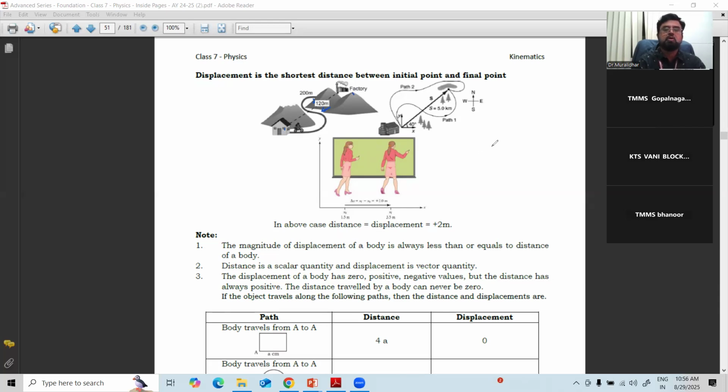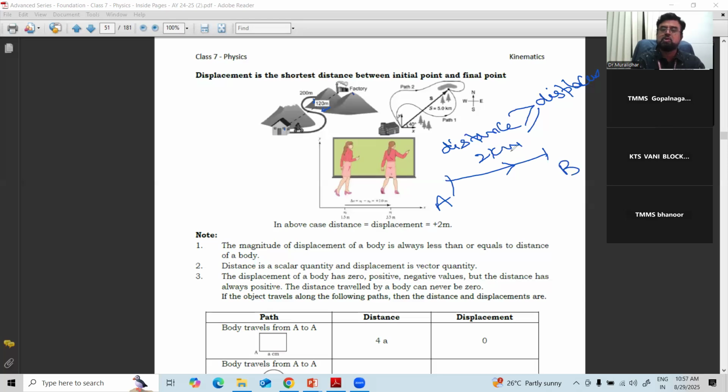Okay. So distance is always greater than displacement because displacement is shortest, but sometimes equal also. One case there is equal. In one case, both distance and displacement are the same: a straight line. Suppose a body moves from A to B, 2 kilometers.